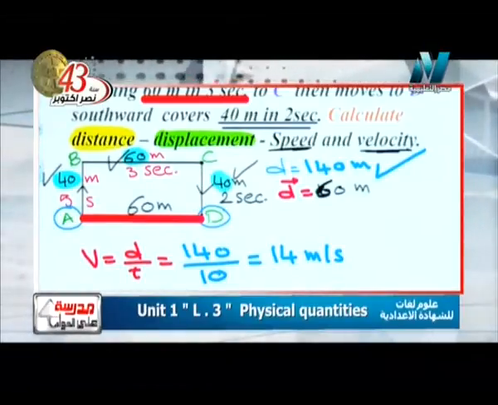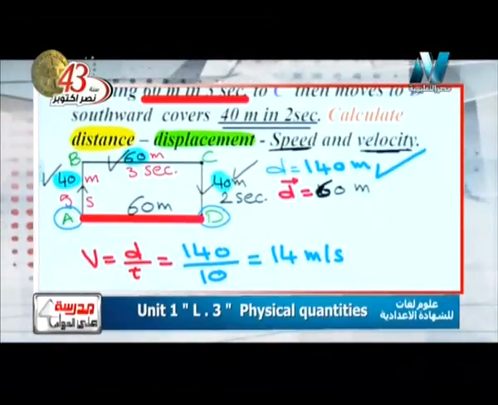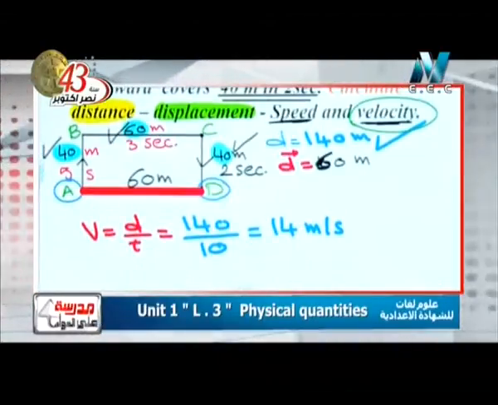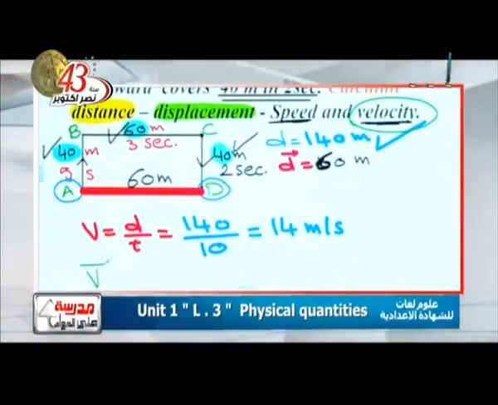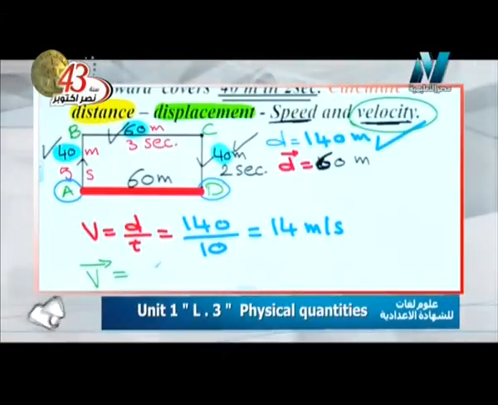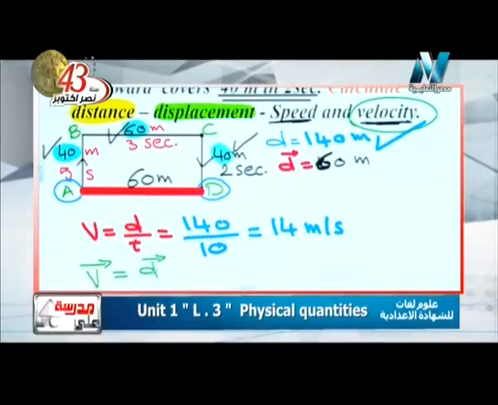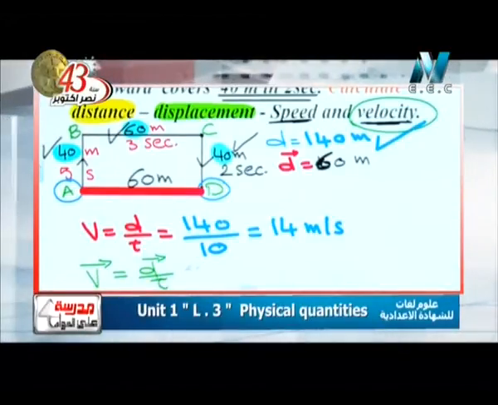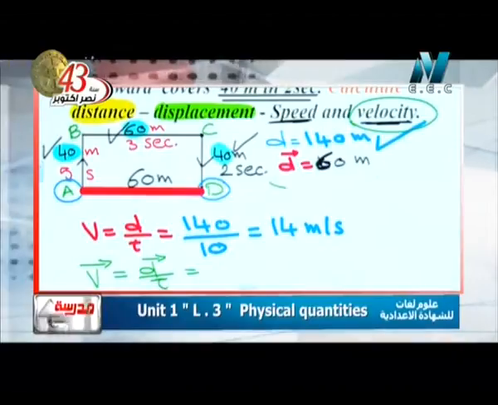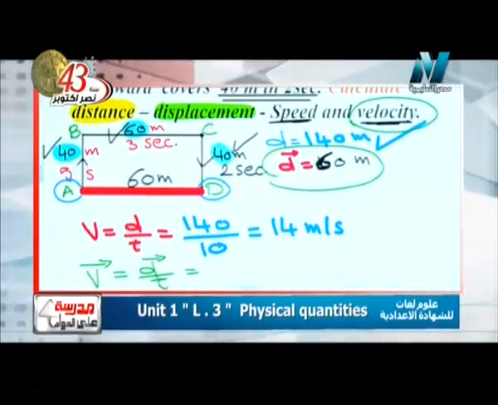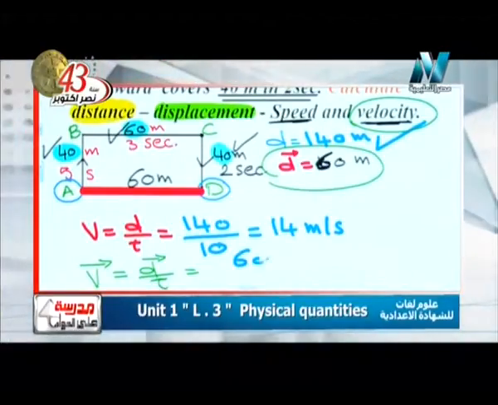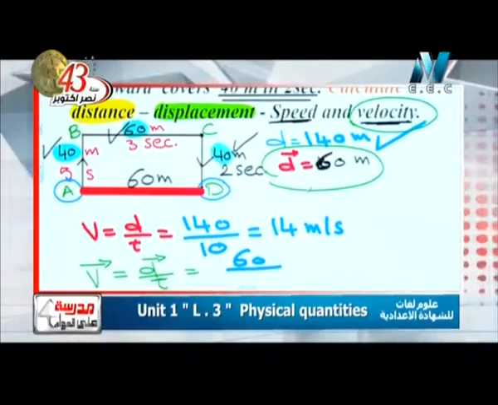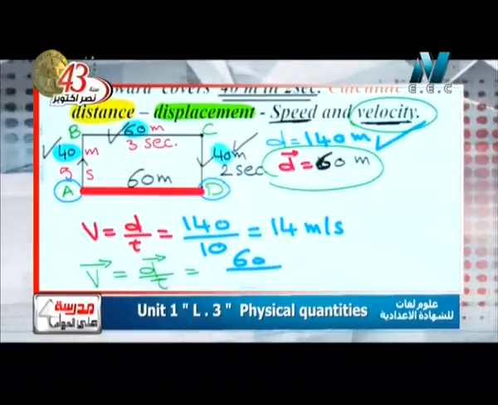Then we need to calculate the velocity, with the green line here. Velocity equals displacement over time. We know displacement equals 60 meters, so 60 meters over time. Time doesn't change, it is 10 seconds.